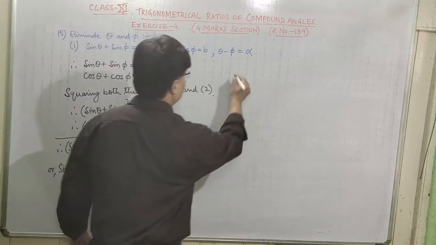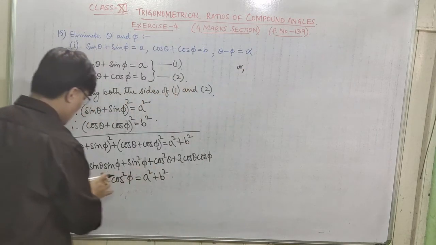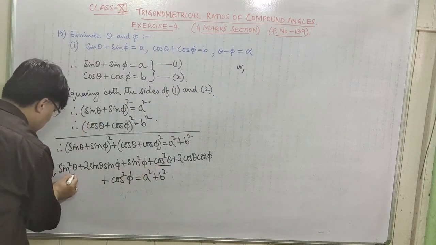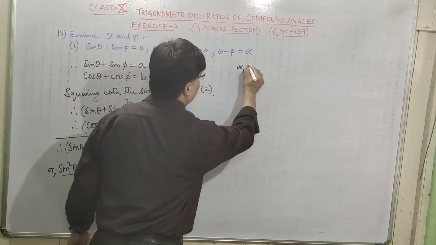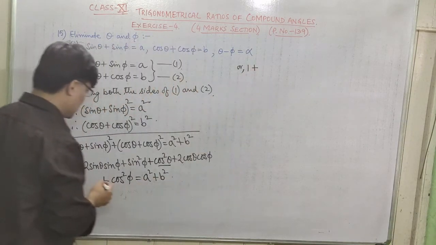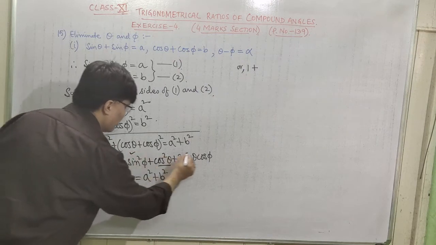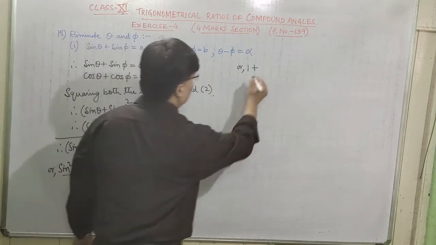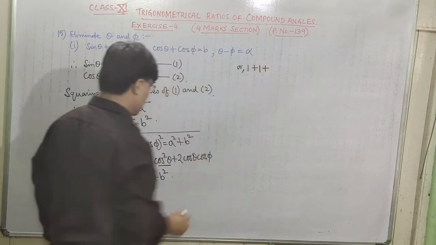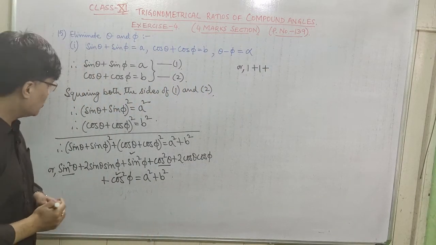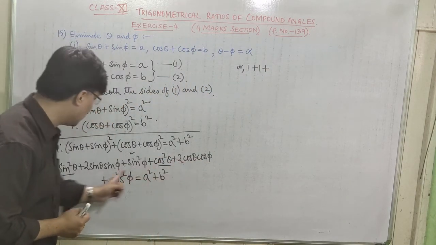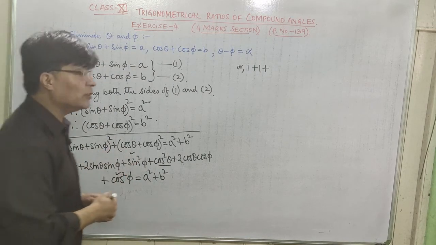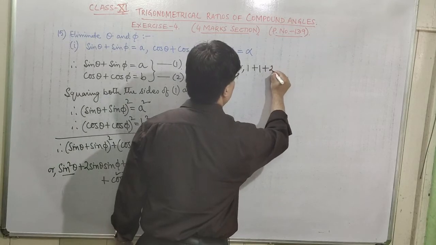Now, what is sine square theta plus cos square theta? That is 1. Similarly sine square phi plus cos square phi is also 1. Now from the two terms 2 cos theta cos phi and 2 sin theta sin phi, let us take 2 common.